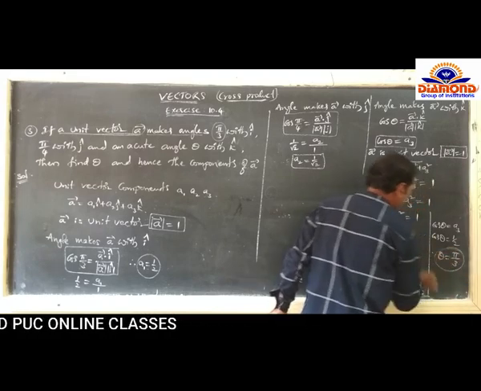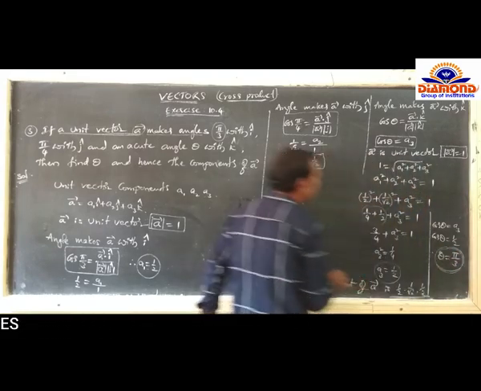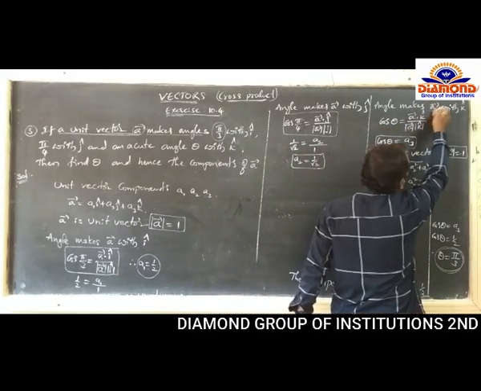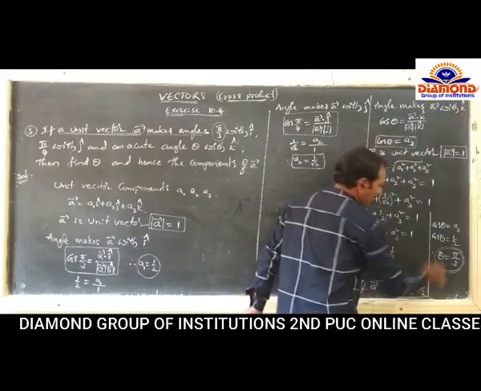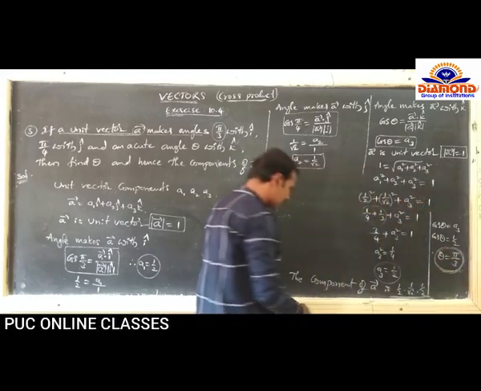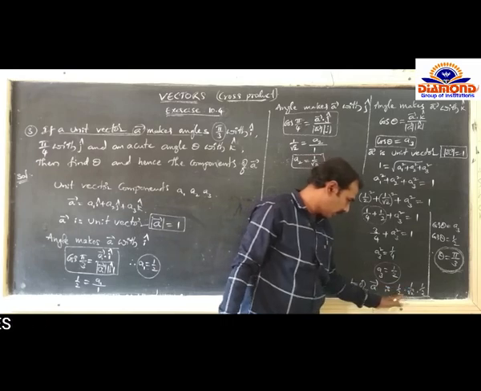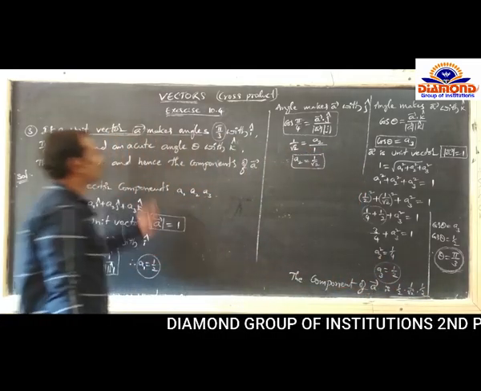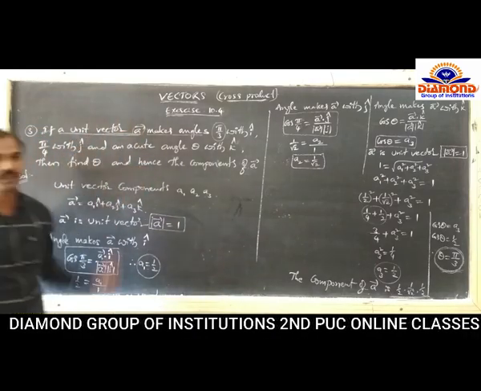So this is the angle a vector makes with the k vector. This is the theta value. So the components of a are 1 by 2, 1 by root 2, 1 by 2. So this is the third problem solution.